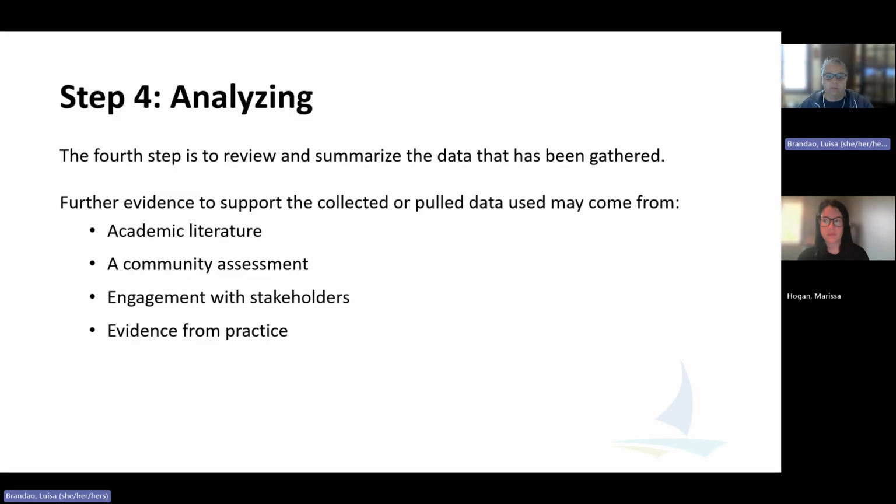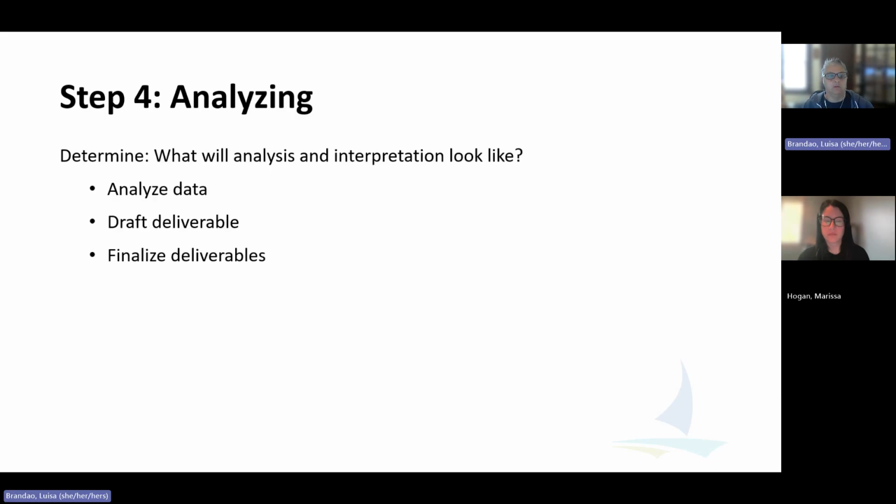So, some academic literature, community assessments, engaging with stakeholders and providing them the data and getting feedback from them. So you have your results and you can say, does this look right? Especially if you have a lot of qualitative data where you have themes. Do these themes align with what the stakeholders expected to see? And that helps you with creating your final reports and your deliverables.